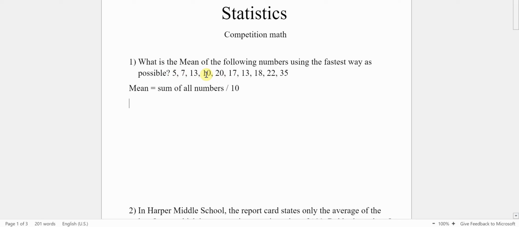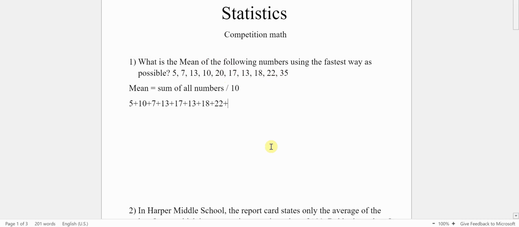Please let me write that down. 5 plus 10. We used 5 and 10. Let's use 7 and 13. And then we can use 17 and 13. And let's use 20 and... actually, let's use that for the end. 18 and 22.